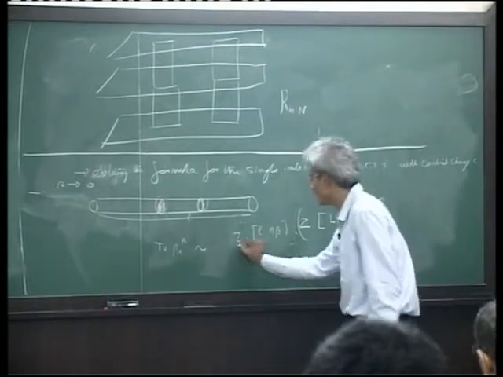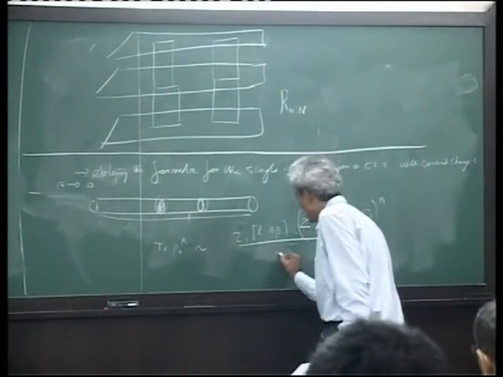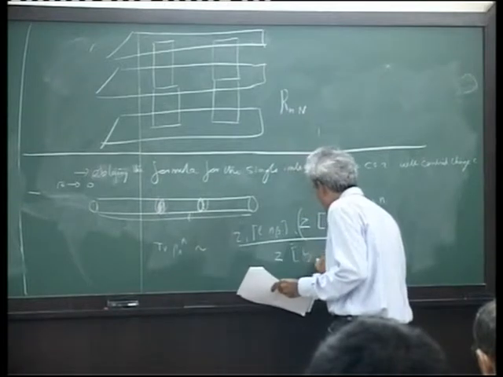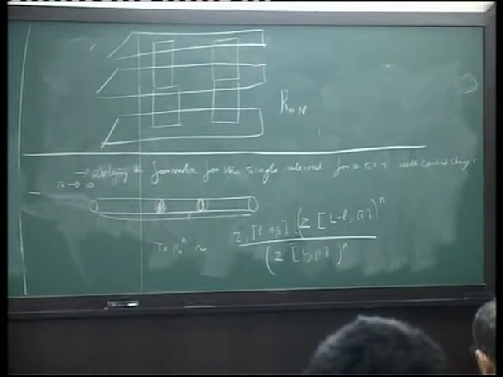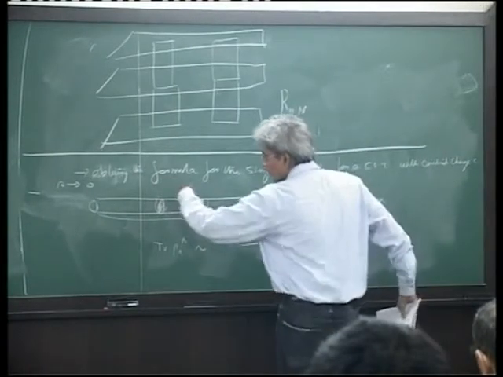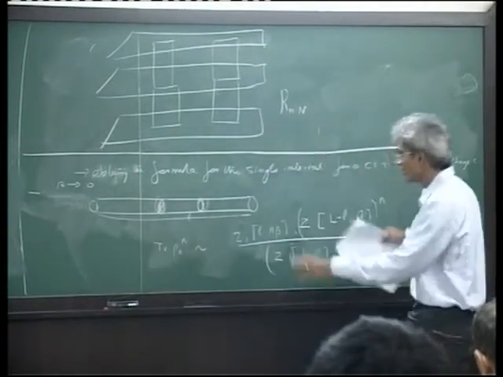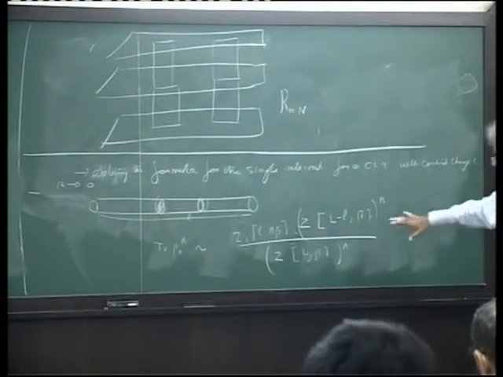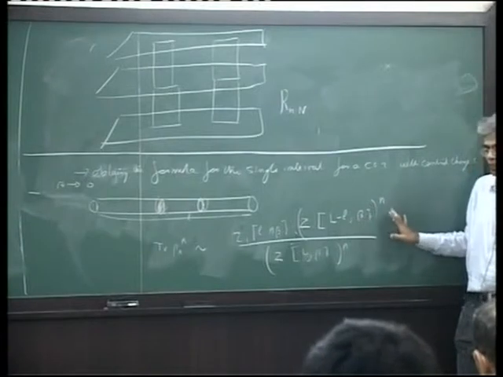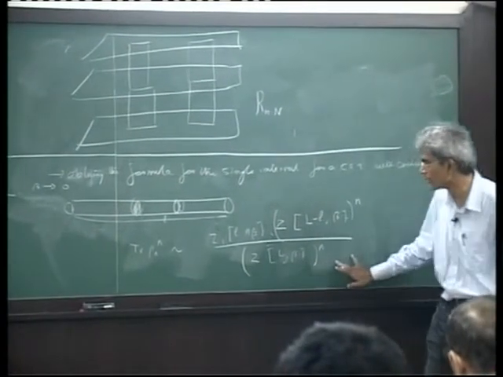Divided by the normalization, Z of L beta to the power n. So it factorizes, and this is the normalization.